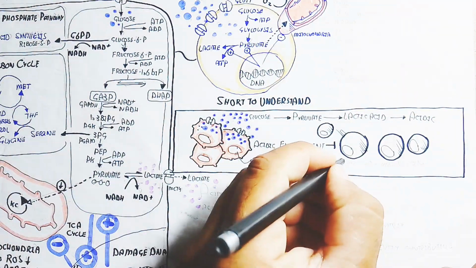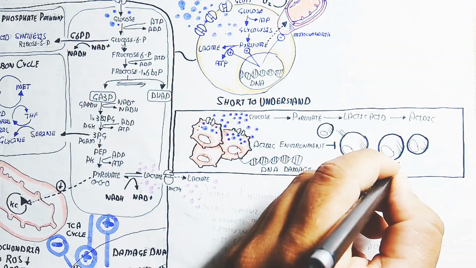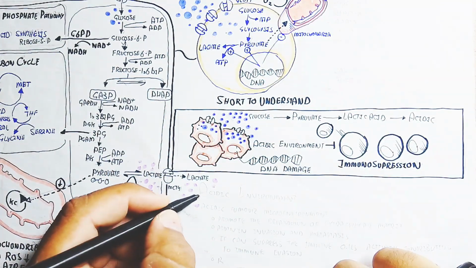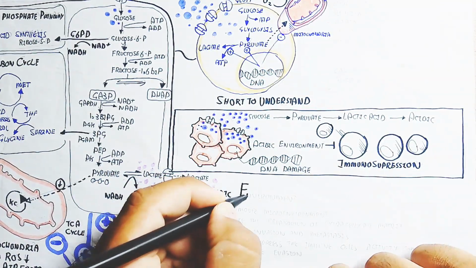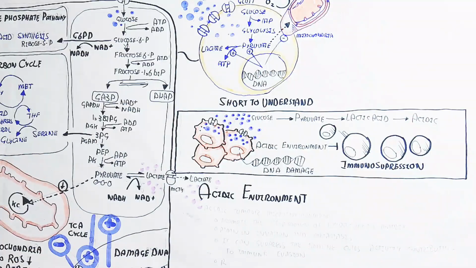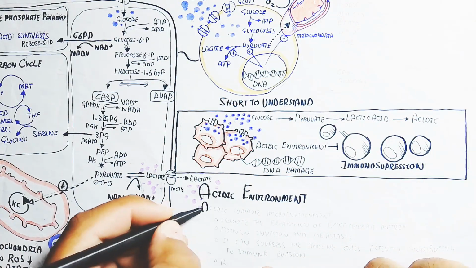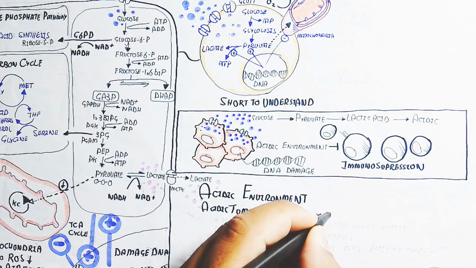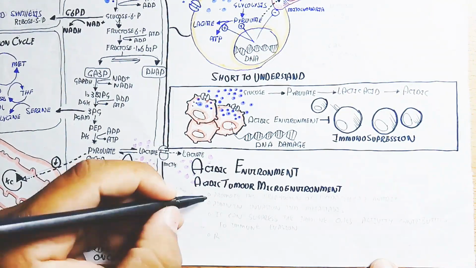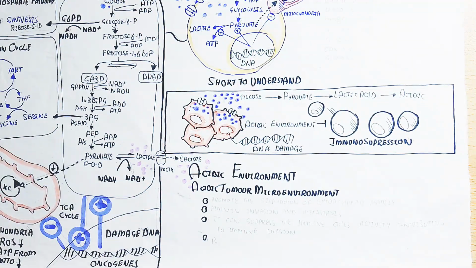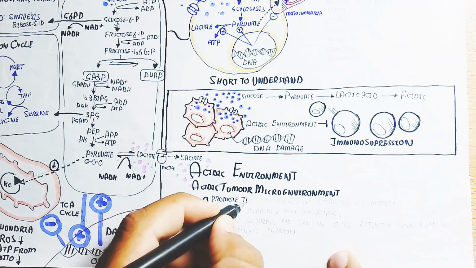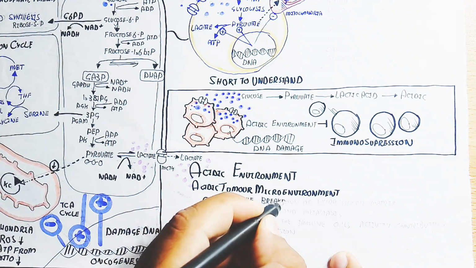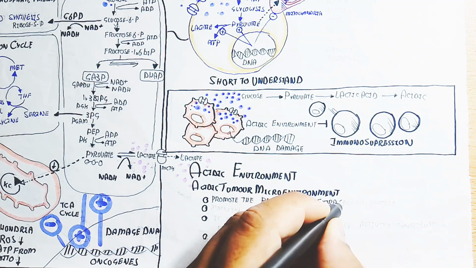In short, glucose is converted into pyruvate, and pyruvate is converted into lactic acid, and lactic acid leads to an acidic environment. This acidic environment, due to the lactate, is important for immunosuppression, so the immune cells will not function to engulf the damaged cell.